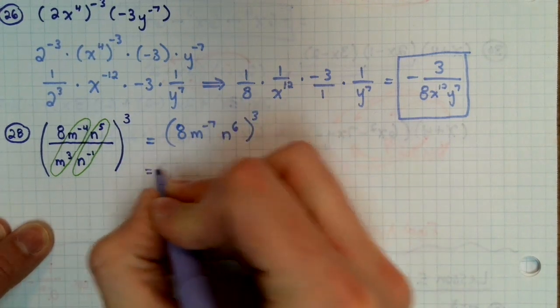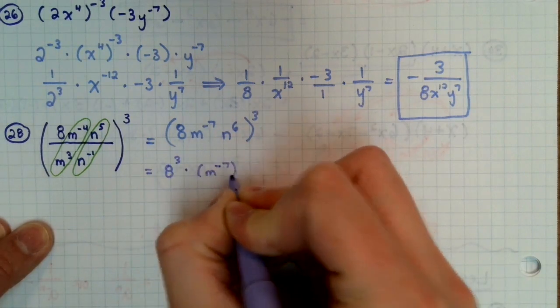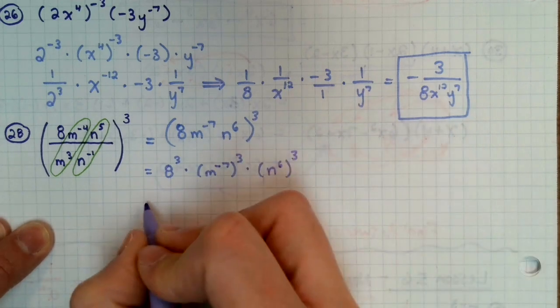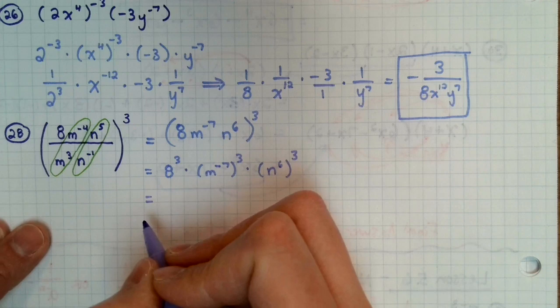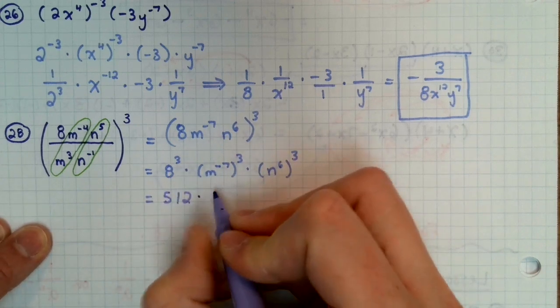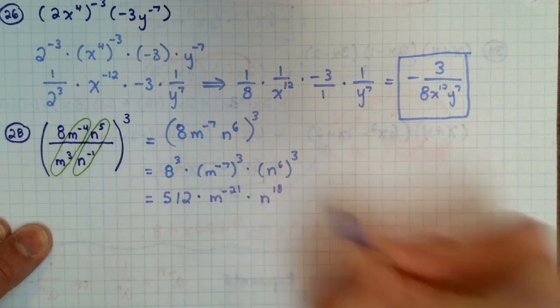So this is going to turn into 8 to the 3rd times m to the negative 7th to the 3rd times n to the 6th to the 3rd. 8 to the 3rd power, so 8 times 8 times 8, is going to be 512, times m to the negative 21st, times n to the 18th.